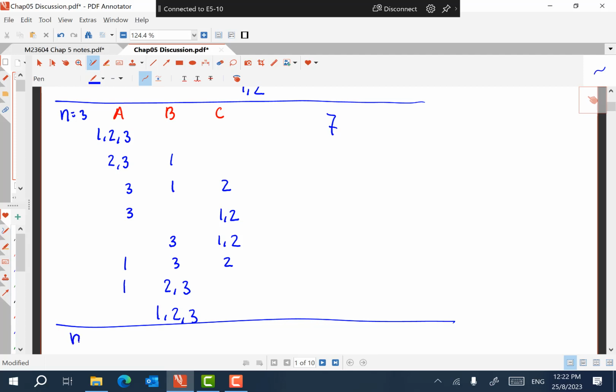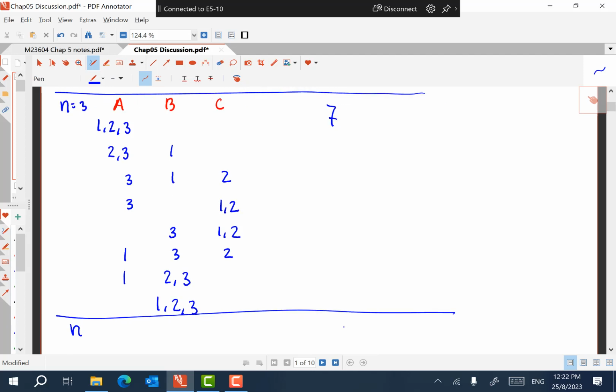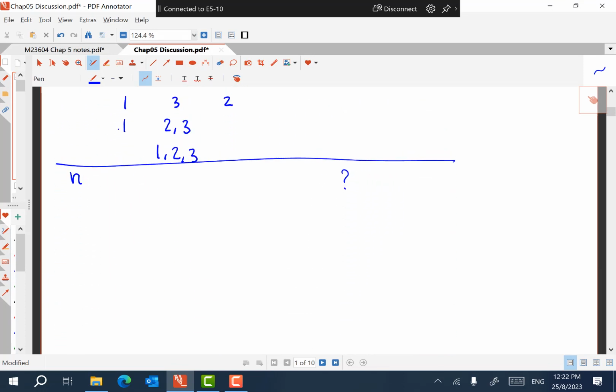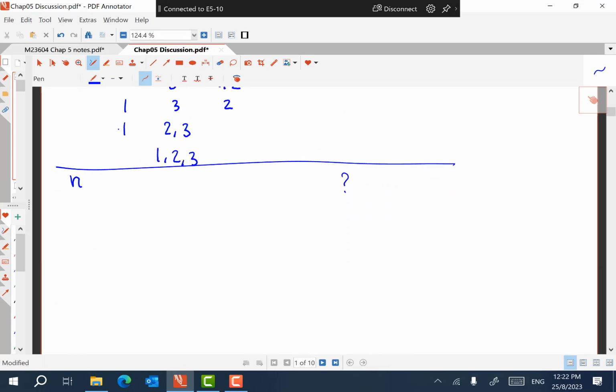So now if you have n discs, the question mark is, what is this number? What you have worked out just now was when n is 1, 3, 7. So what we have is you set up a table like this: number of discs, and then number of steps.